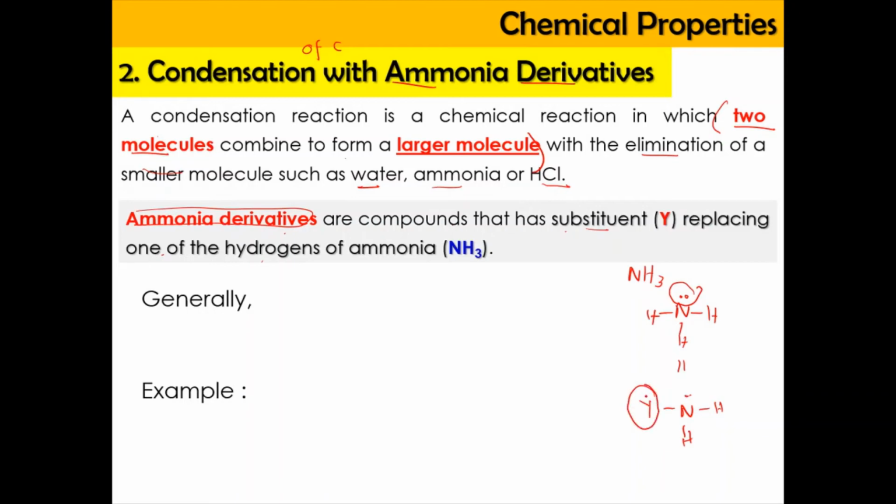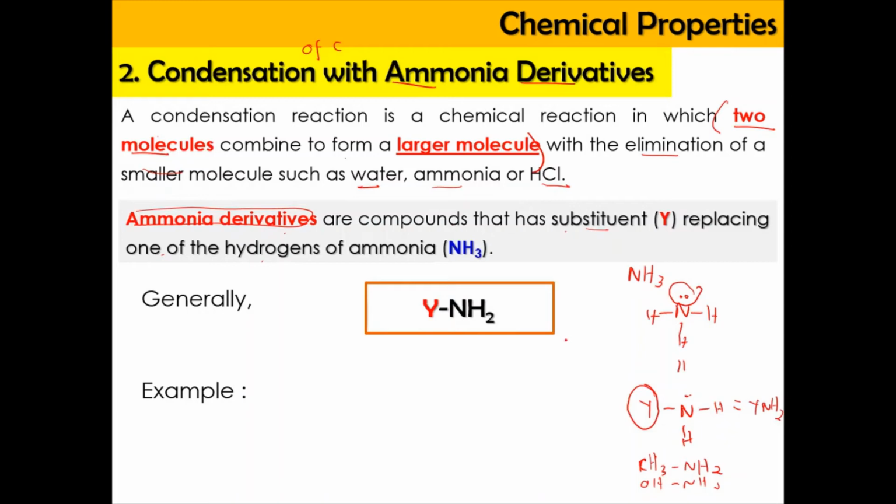The substituent here, I can change it into an R group or CH3. Once I do that, I'm going to get YNH2. Y here can also be changed to OH to become NH2OH. So an ammonia derivative is basically represented as YNH2, where one of the hydrogens is changed with another substituent.